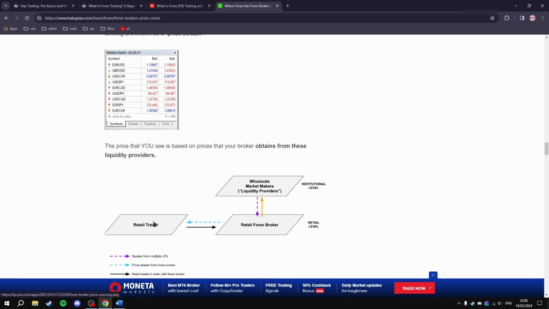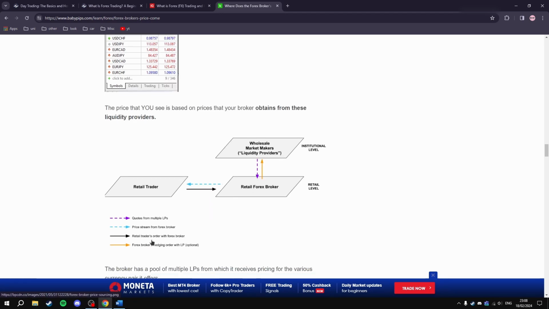So, retail trader, that's us. Retail trader orders with a Forex broker. The retail Forex broker then hedges the order with a liquidity provider, that's optional, right? Retail trader orders with a Forex broker, yep. Price stream from Forex broker, yep. Quotes from multiple liquidity providers, institutional level, retail level.